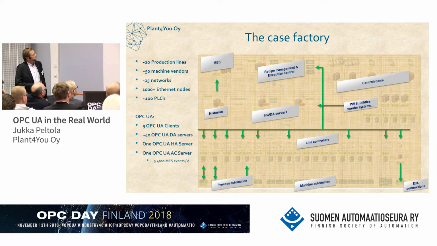Altogether we had some 9 OPC UA clients and about 40 OPC UA DA servers, and 1 OPC historian server, and, as I said already, this alarms and conditions server, which a year ago generated something like 4,000 messages per day.